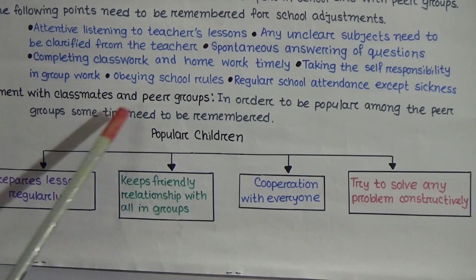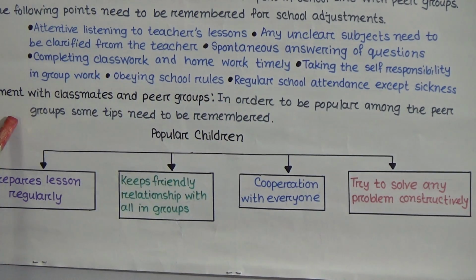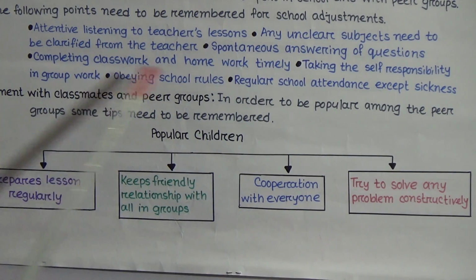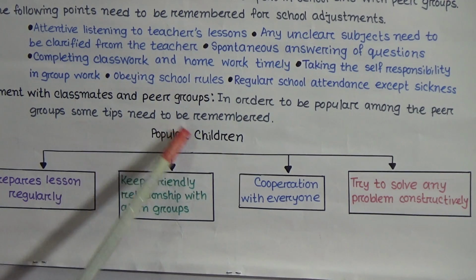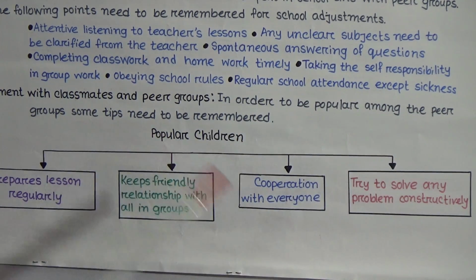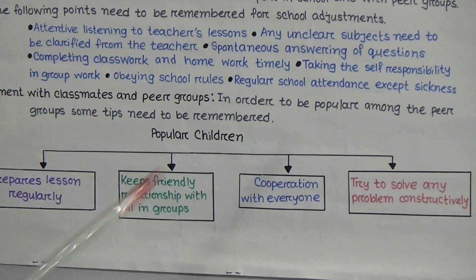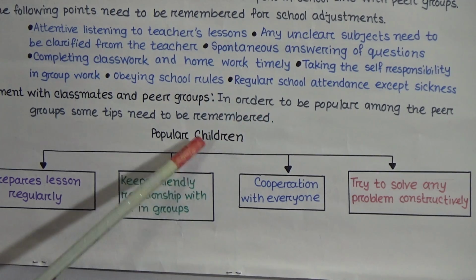Now, adjustment with classmates and peer groups. How can one make adjustment with his or her classmates and friends? In order to be popular among the peer groups, some tips need to be remembered. If you remember all this, you can make a good relationship and be famous. So what do famous or popular children do?